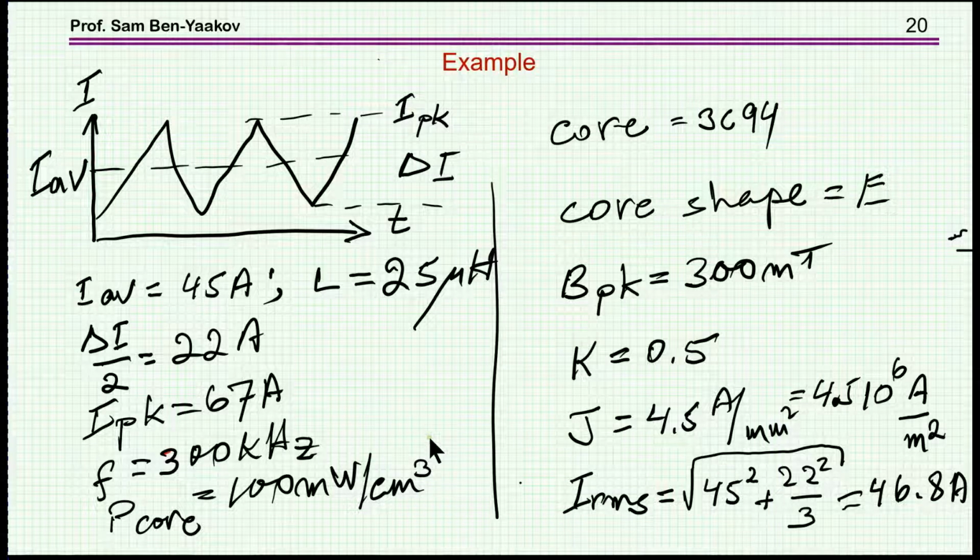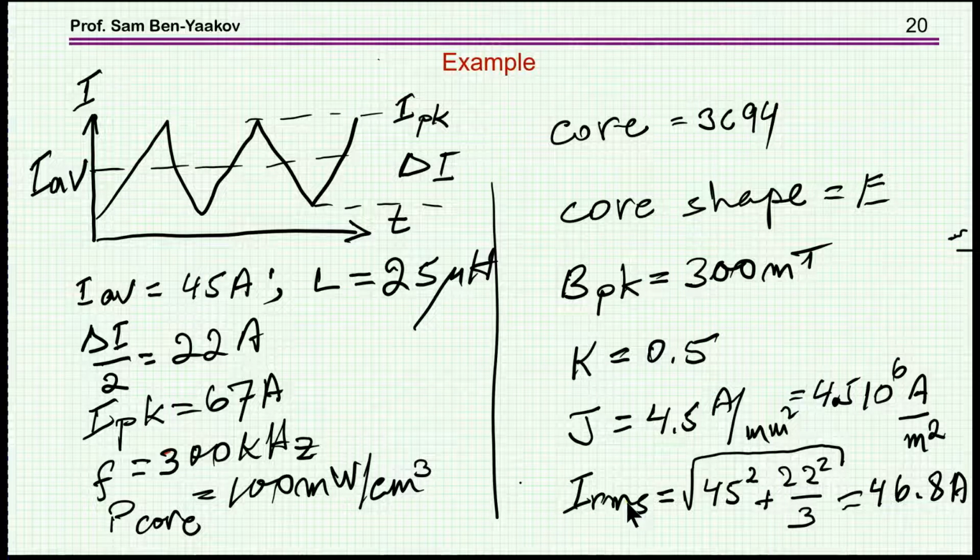And again, looking up the various materials, I decided on a 3694. Also, there is a question of availability. Not all the cores are available with all materials, so it's a compromise here. And I've decided, from the construction point of view, to go to an E core and set the B peak to 300 millitesla with an estimated filling factor of 0.5, and I'm starting with J equal to 4.5 amp per millimeter square.